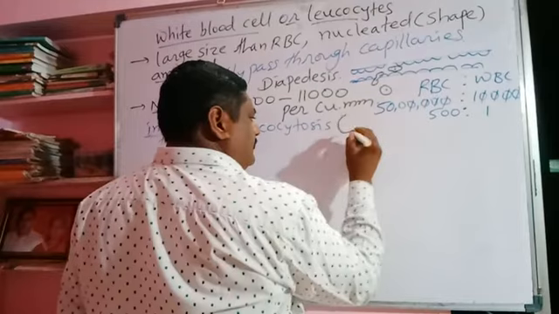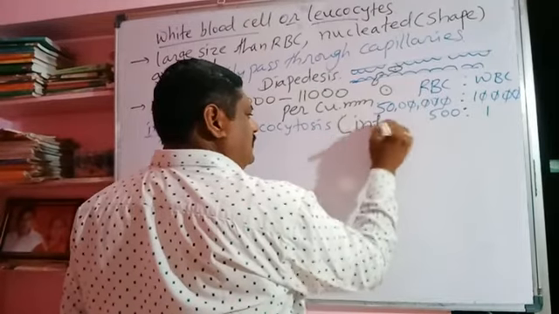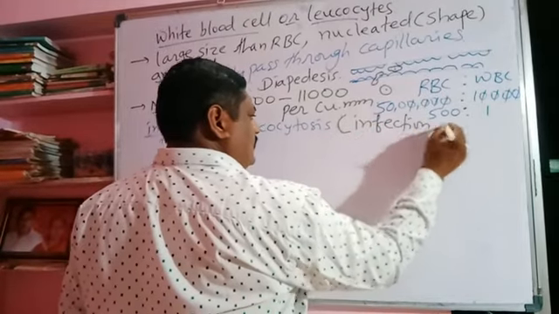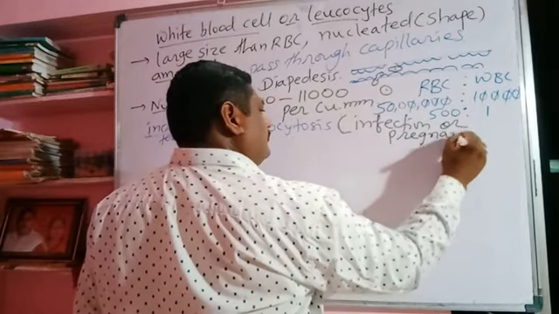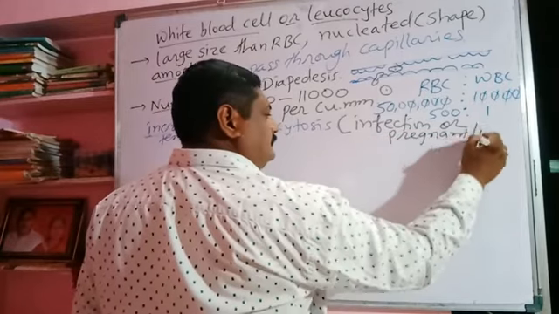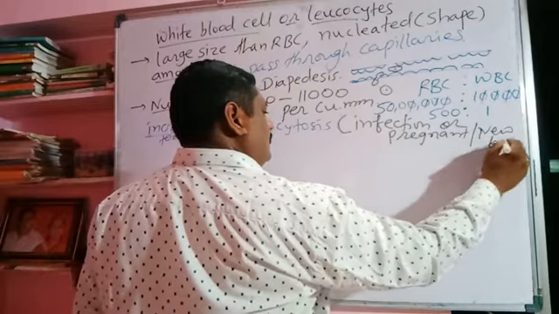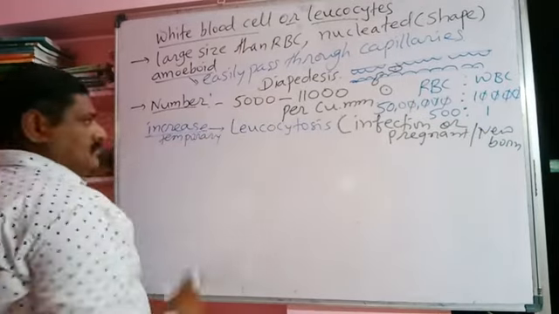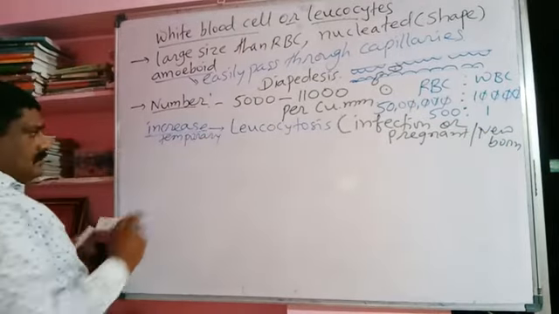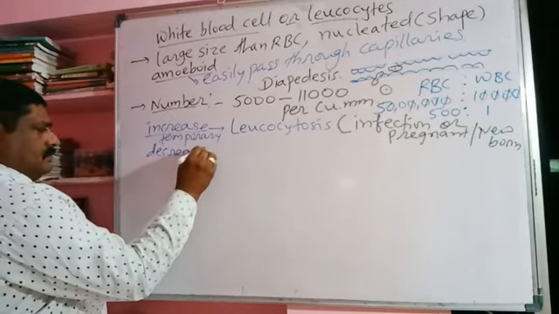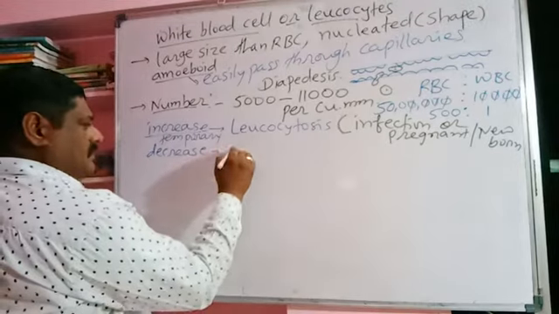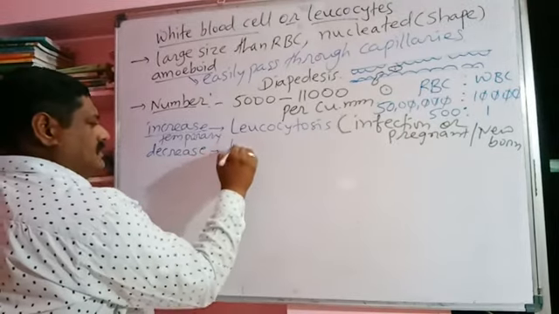In a person having an infection of any microorganism, in a pregnant woman, or in a newborn, the WBC production increases. A decrease in the WBC count is called leukopenia.